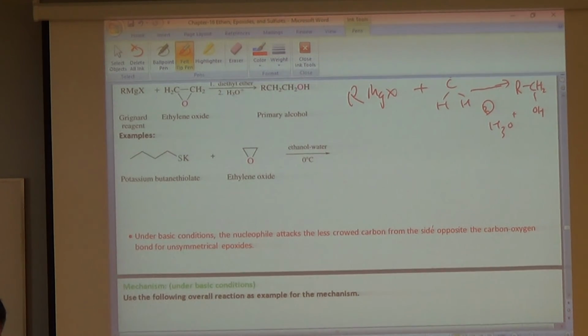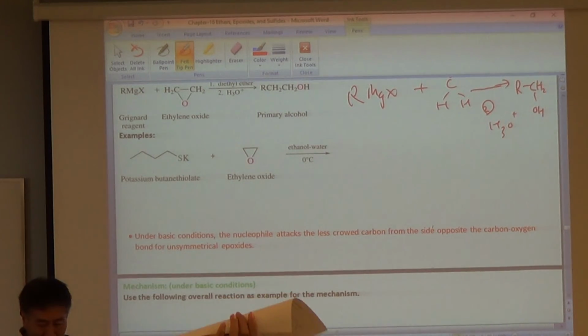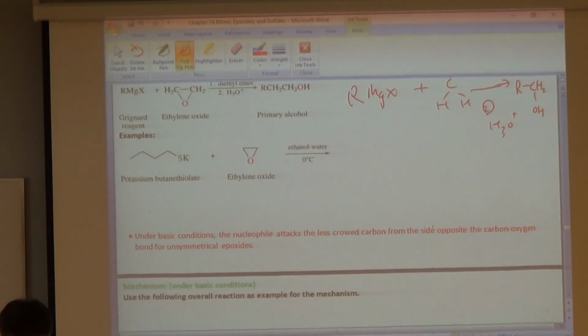Okay, so let's finish this one and then we'll have a break. So for this example, what about our nucleophile? Our nucleophile actually is this. Usually you write that together with those counter ions. So this is really the nucleophile. And what you will produce, let me draw this part first.